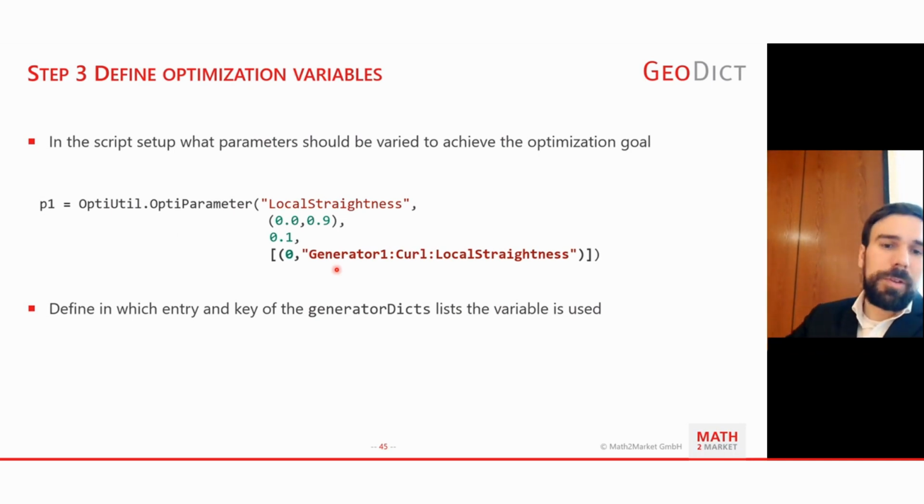So in your FiberGeo parameters dictionary, you usually have something that is called generator1, and curl is the parameter of the curved fiber model, and in there is the local straightness variable. So this way, the class now knows where this value has to go in the generation step.